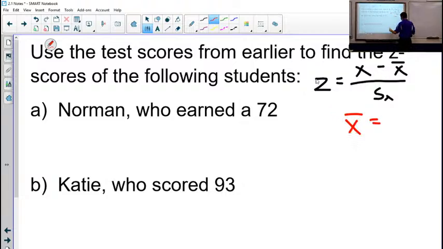I need the mean, and then I need the standard deviation, which we're going to use s sub x.